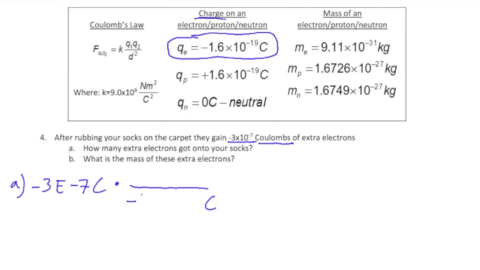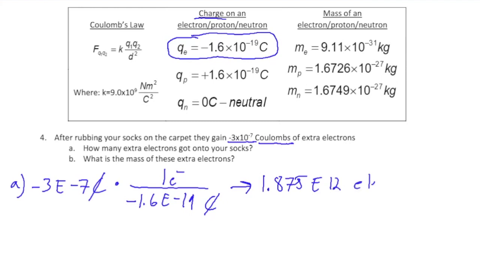And that means I'm going to have -1.6 e to the -19th coulombs. And that's just this number right here, which is telling me that 1 electron, which I'm going to put on top, is equal to -1.6 times 10 to the -19th coulombs of charge. Now my coulombs cancel out, I multiply through, and I find out that I have 1.875 e to the 12th electrons.